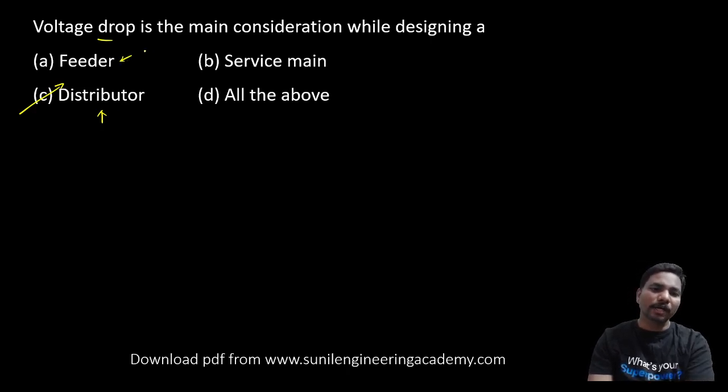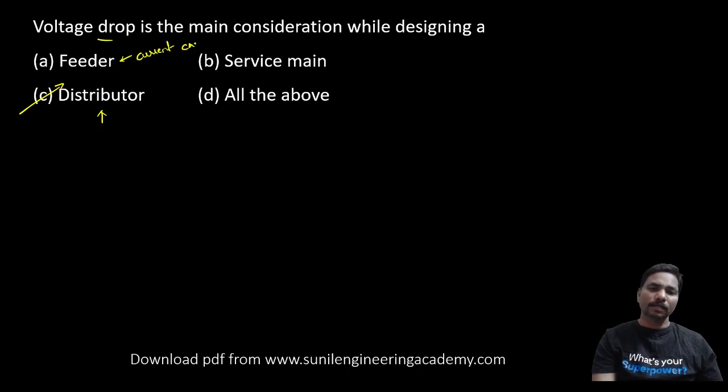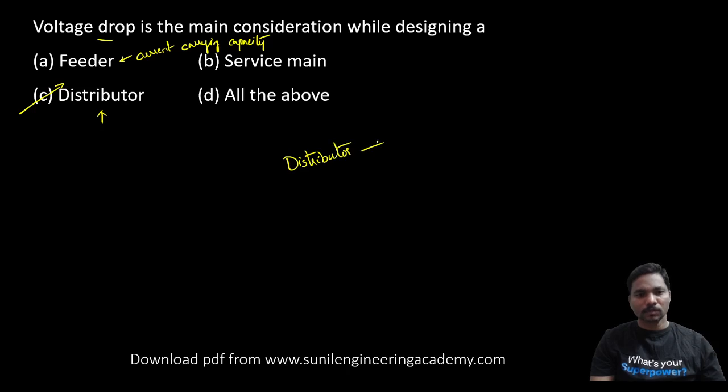In the feeder case we are going to maintain the constant current or constant current density. So it is the current phenomenon, current carrying capacity or current density. In the distributor, the main phenomenon is voltage drop.